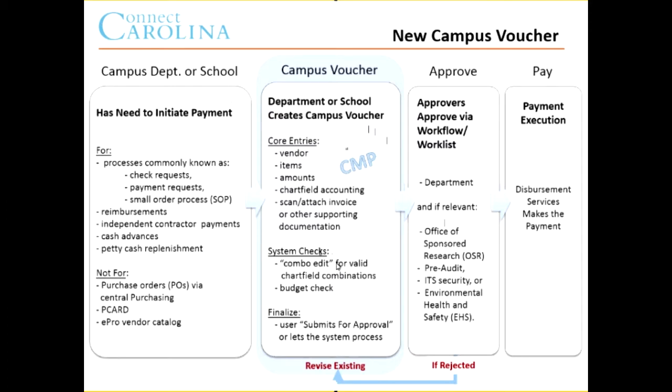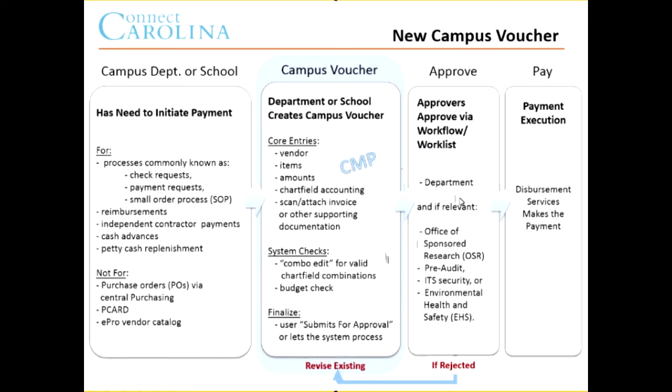Along the way, the user has the choice to take that voucher all the way from beginning to end and get it into workflow after it's been combo edited and budget checked, or there are some system processes that will actually do some of that work for you in terms of getting it into the approval workflow, and we'll take a look at that.